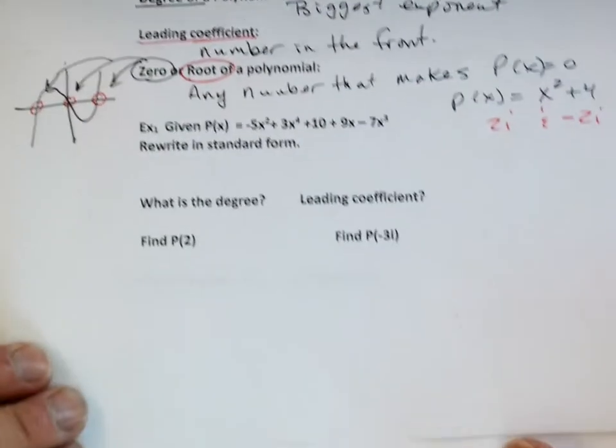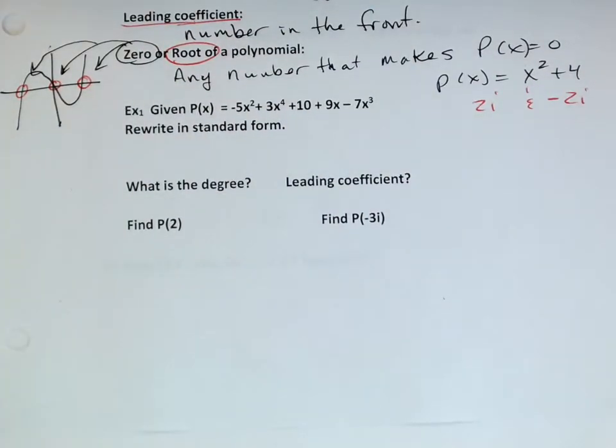All right, example 1. Let's do this. I'll give you 2 minutes. Rewrite it in order, in standard form. And then tell me what the degree is, and then tell me what the leading coefficient is. You can do this.